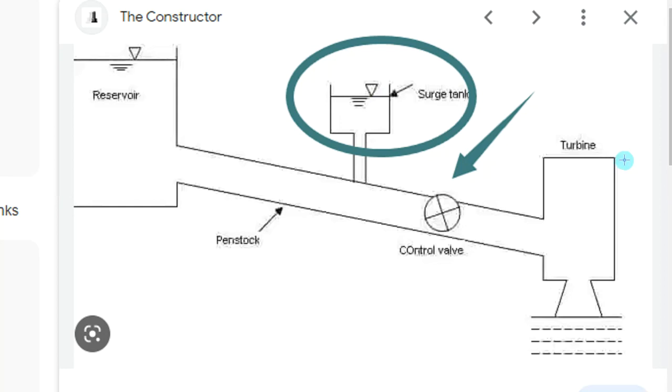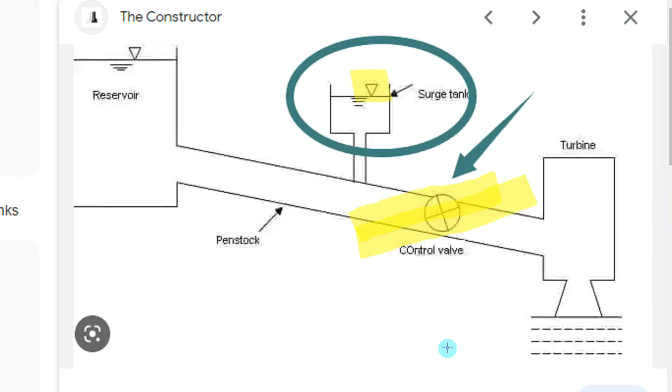And this is the water level, the top water level of the surge tank, and this valve functions between putting water downstream to a turbine.